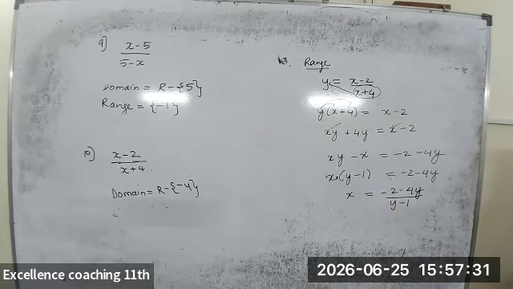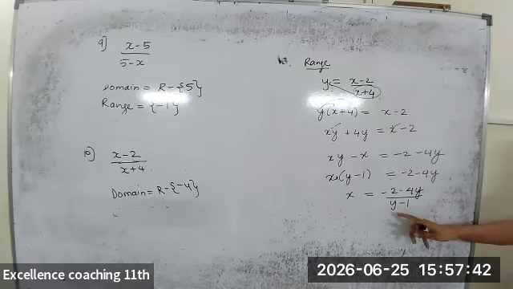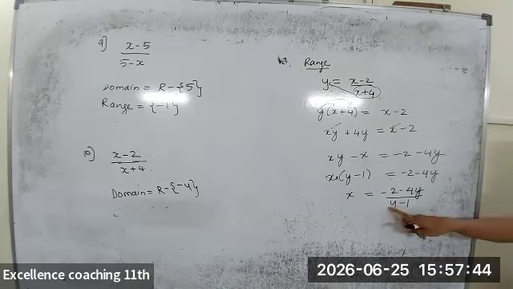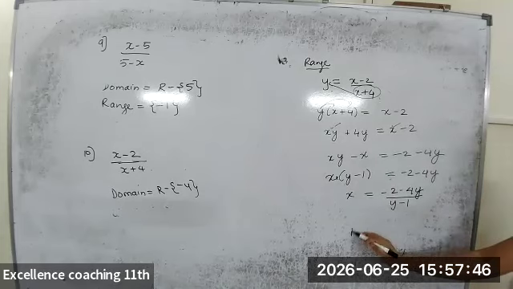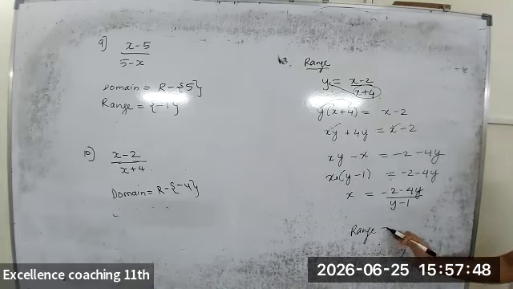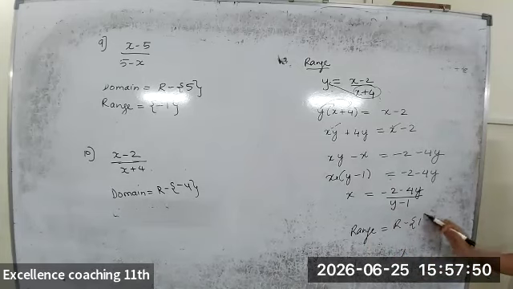Okay. Now what value of y should you not put, so that the denominator becomes 0? Which value? 1, no? So the range will be all real numbers except 1.